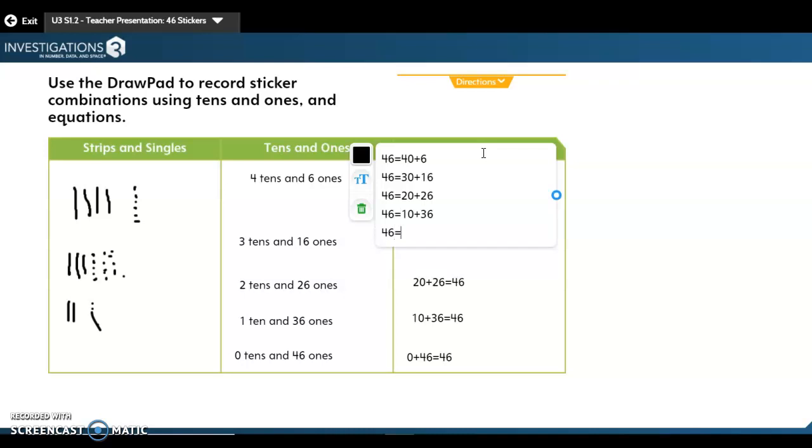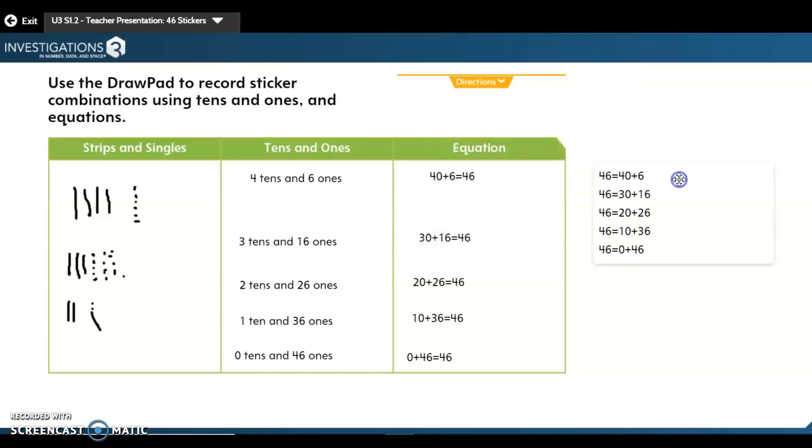And 46 equals 0 plus 46. So all of these equations are equivalent or the same. Good work, second graders.